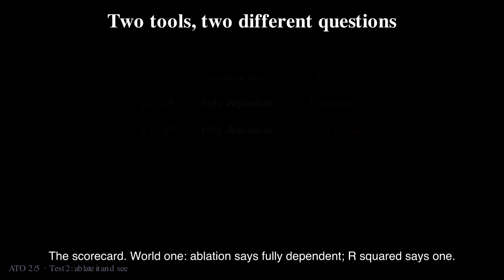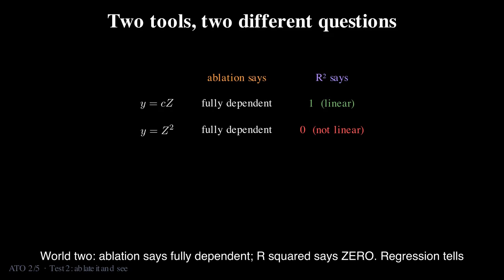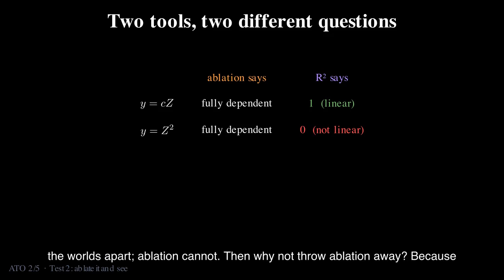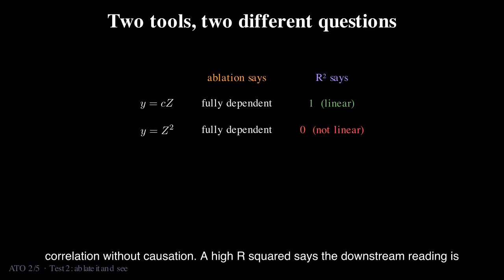The scorecard. World 1, ablation says fully dependent. R squared says 1. World 2, ablation says fully dependent. R squared says 0. Regression tells the worlds apart. Ablation cannot. Then why not throw ablation away? Because regression has its own blind spot, the oldest one in statistics, correlation without causation.